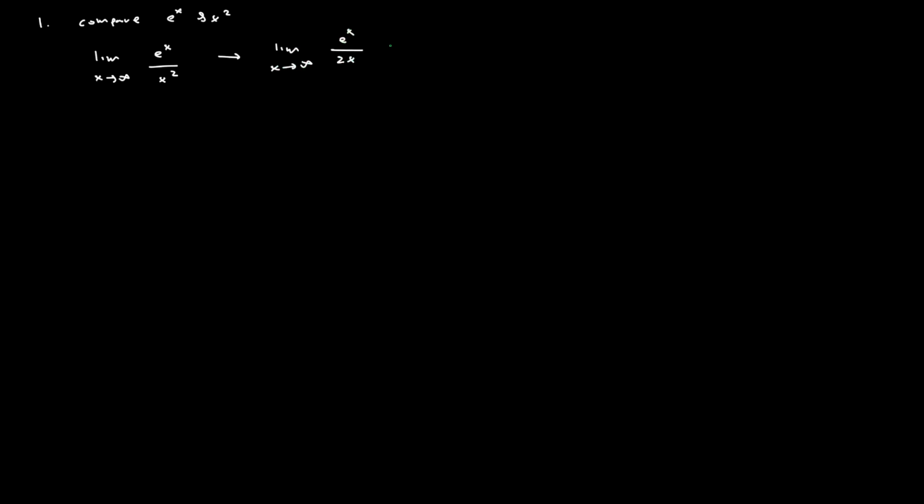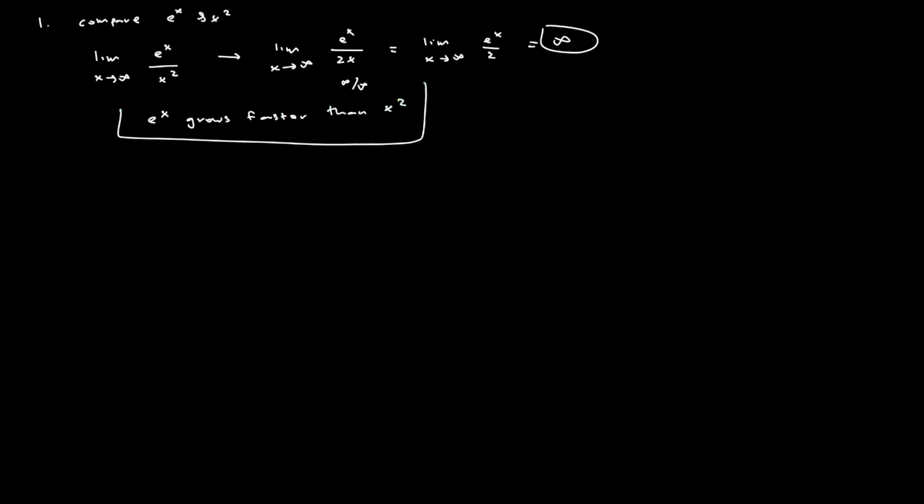Again, that would lead to an indeterminate form of infinity over infinity. So let me reuse L'Hopital's, and I get e to the x over 2, and now I'm just left with infinity over 2. So that's equal to infinity. And therefore, e to the x grows faster than x squared. And this is coming from our definitions of how we related the limit behavior as x tends to infinity with how functions grow relative to each other.